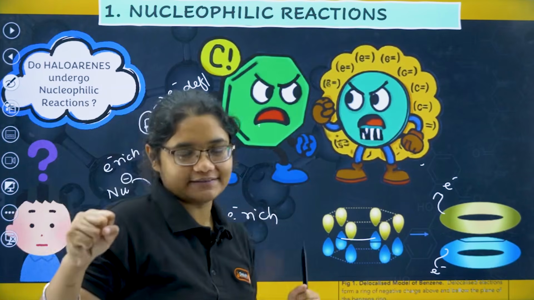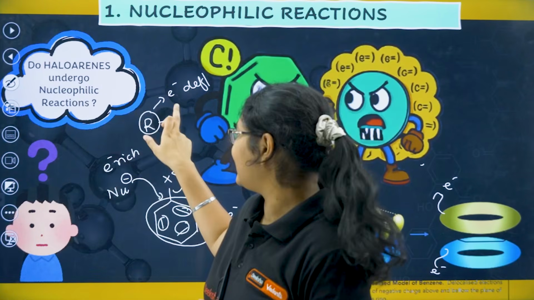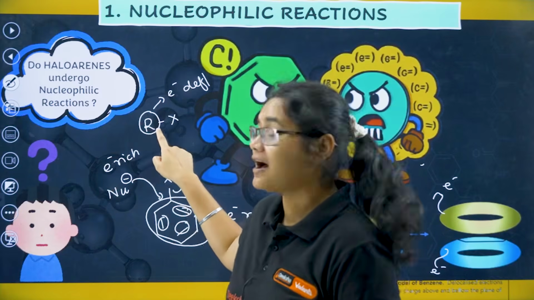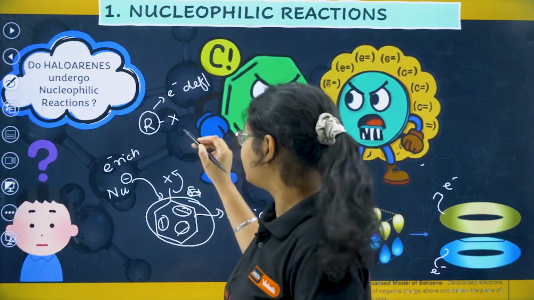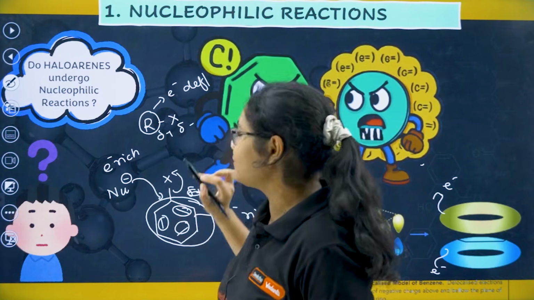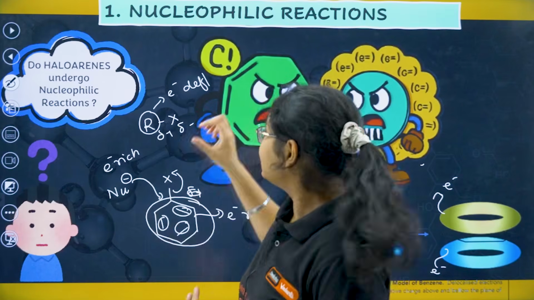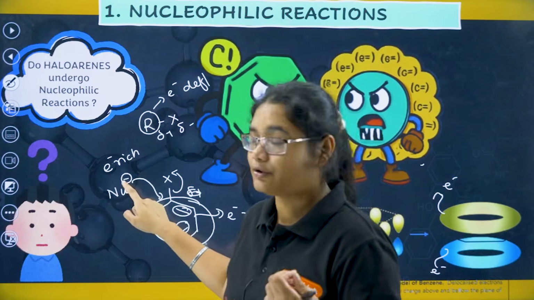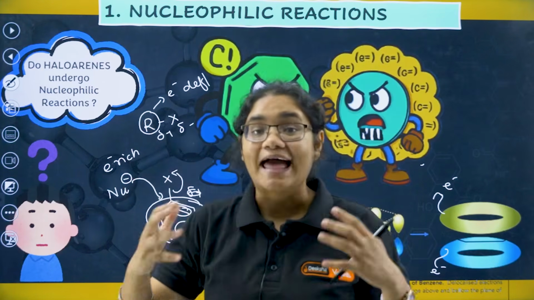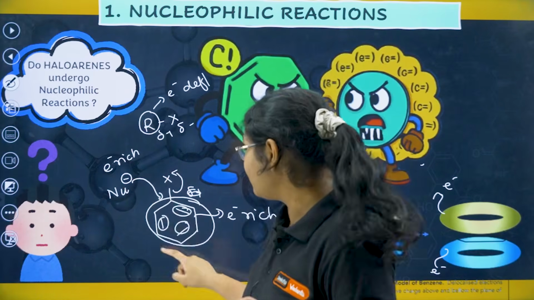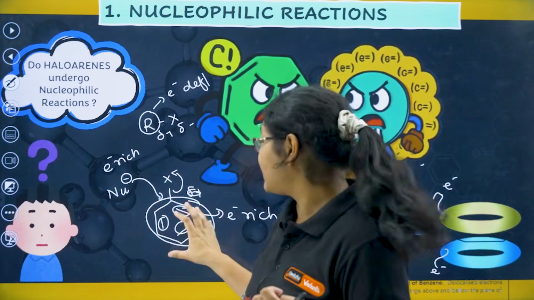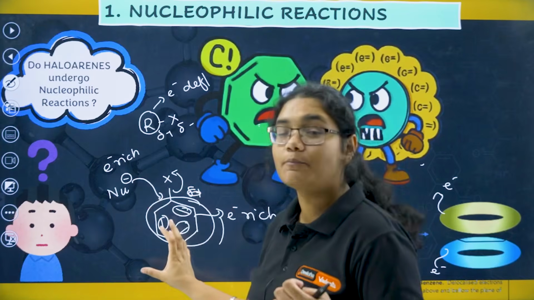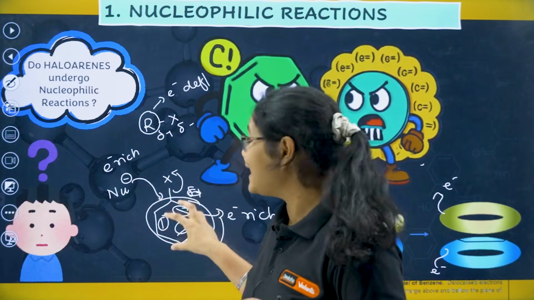Just imagine, in case of R-X, haloalkanes, this R was delta positive and X was delta minus. So R was electron deficient and the nucleophile was electron rich, so it was easily attacking this R group. But when we compare haloarenes, the ring is electron rich.